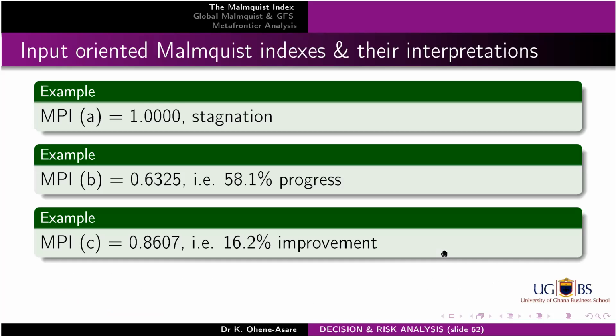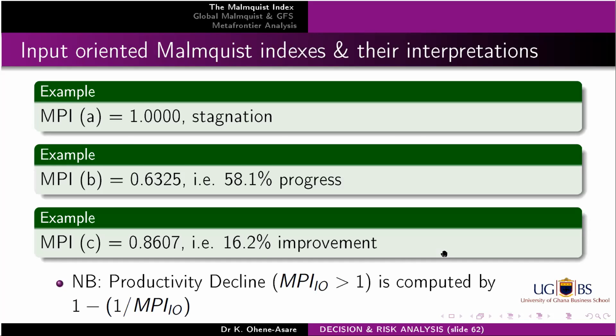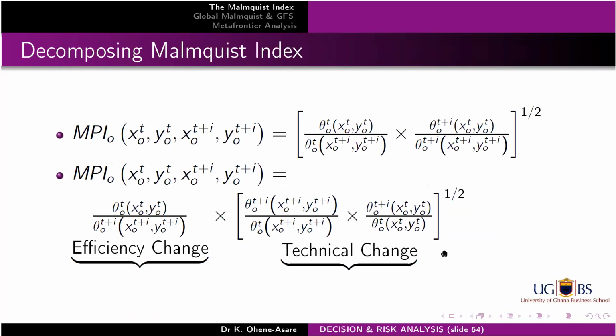We're able to do the same thing for A. This is a Malmquist for A, which was stagnation, for B, which was progress, for C, which was also progress. We did this. I'm sure you all remember this. Do you remember that?